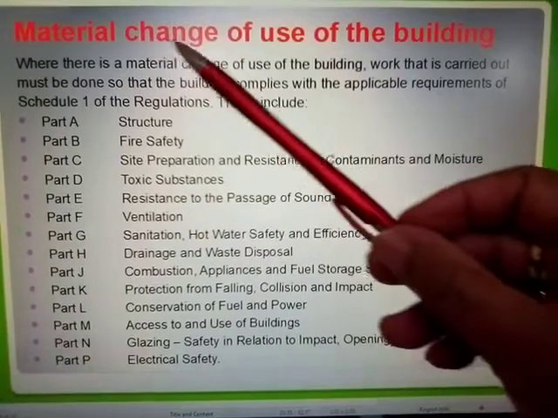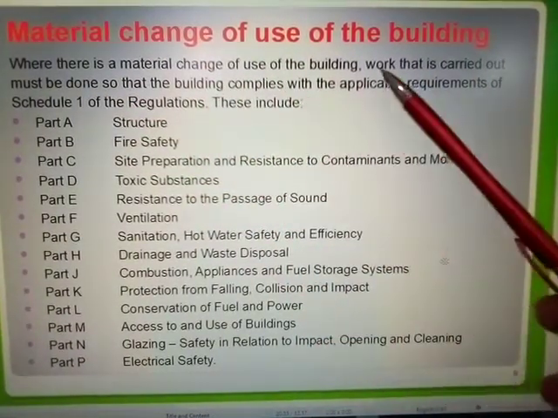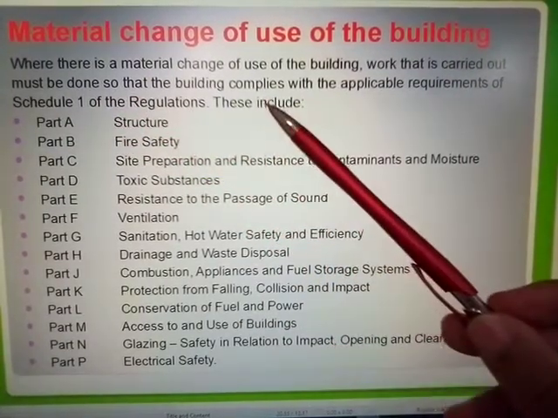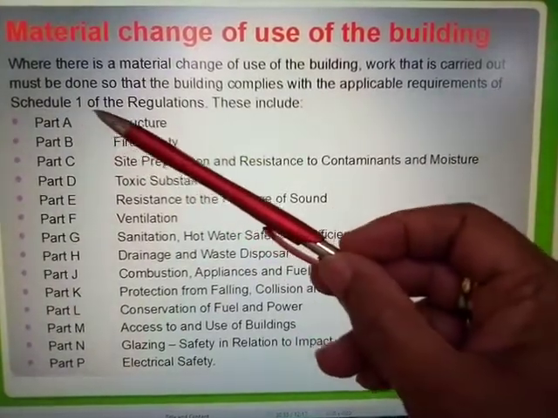Now, material change of use of the building. Where there is a material change of use of the building, work that is carried out must be done so that the building complies with the applicable requirements of Schedule 1 of the regulations.